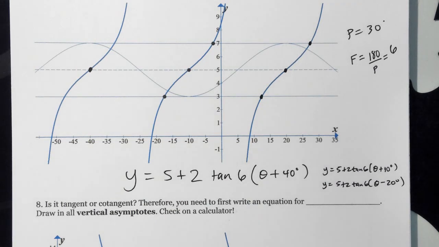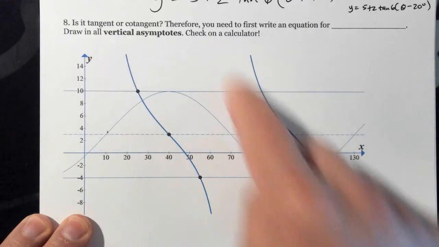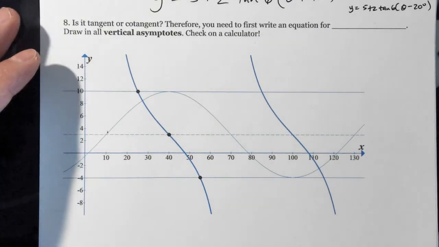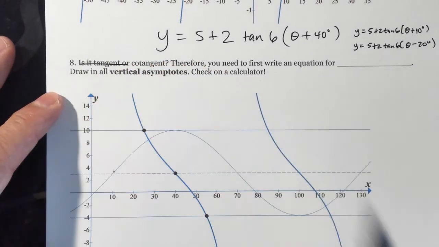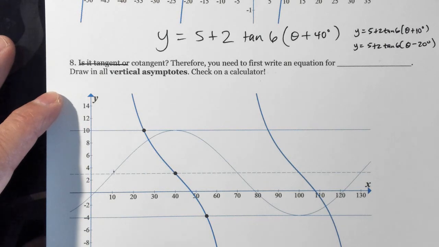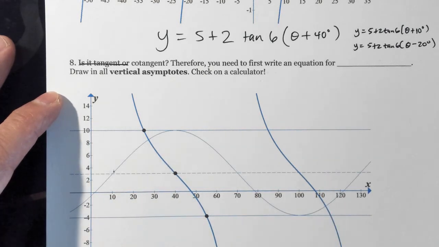Cotangent. That's when it goes this way. Cotangent is a little bit harder. And probably bad teaching on my part.